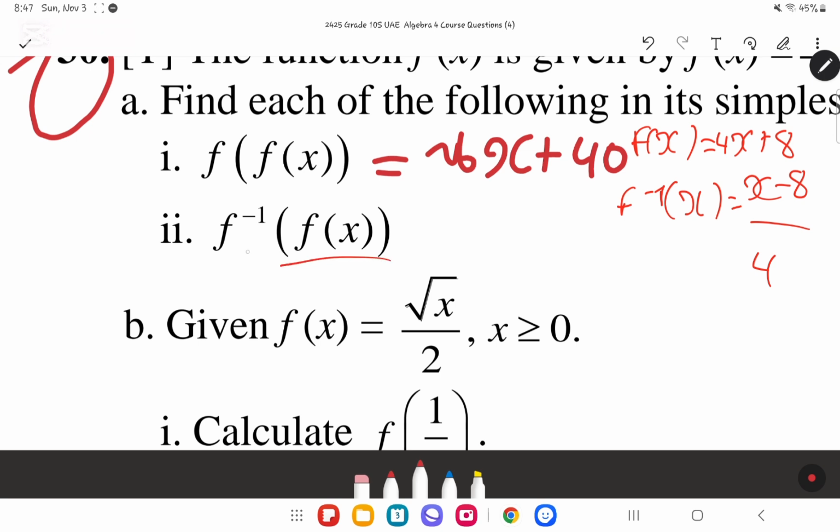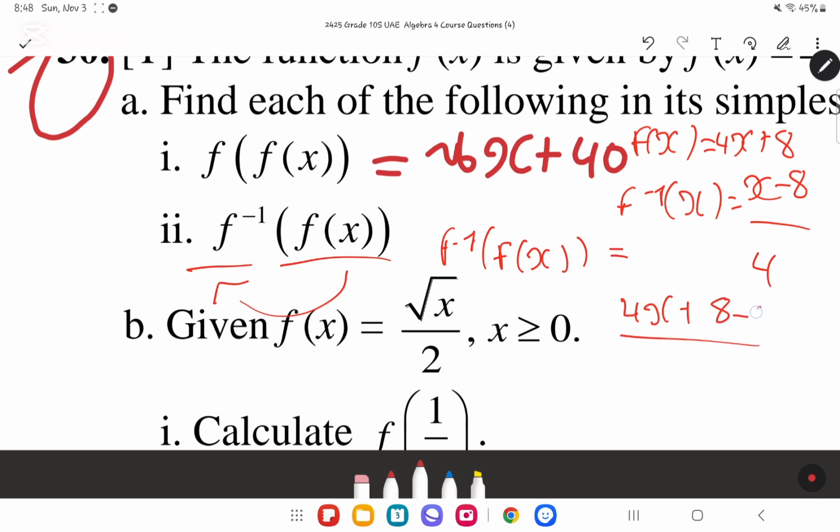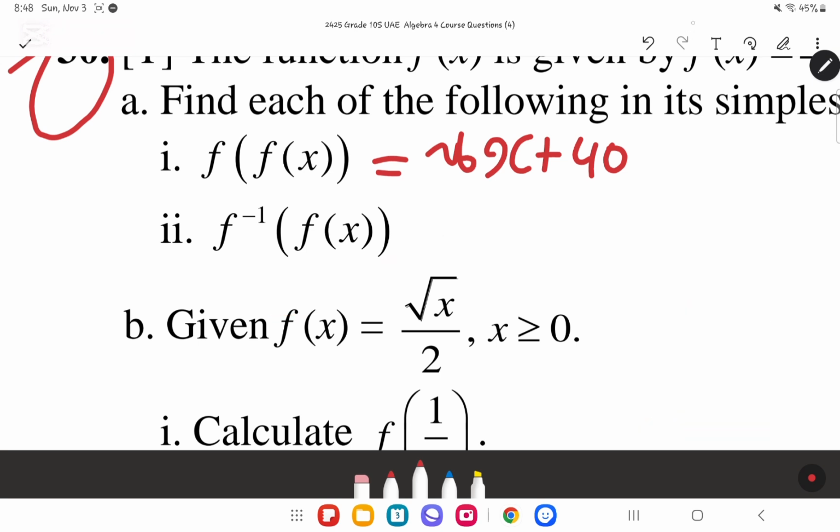They need us to substitute them, okay? So put f of x into f inverse. So very simply, f inverse of f of x is equal to 4x plus 8 minus 8 over 4, which gives us 4x over 4, which will give us x. So instead of doing this very long process, we can derive a rule.